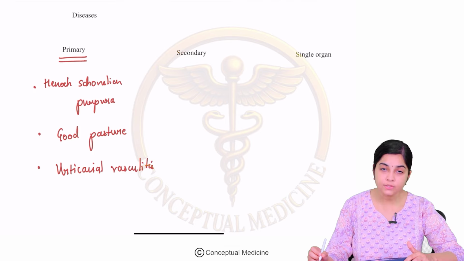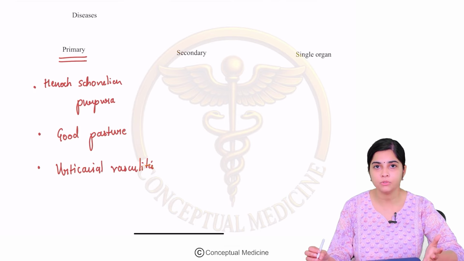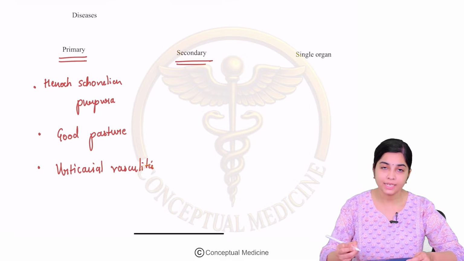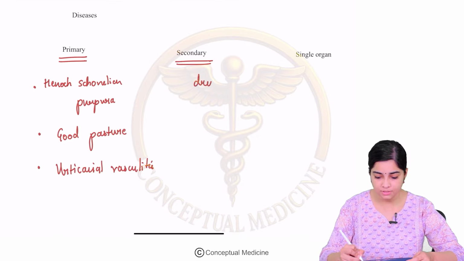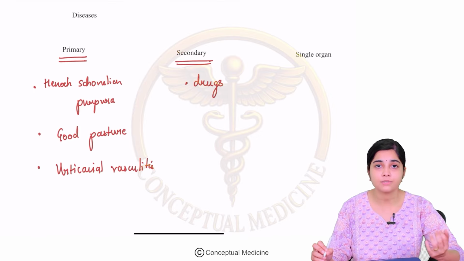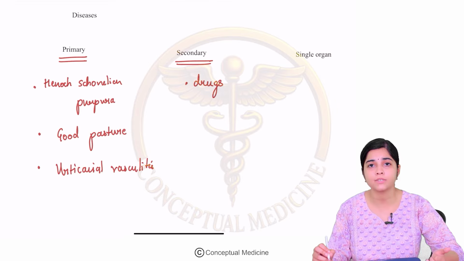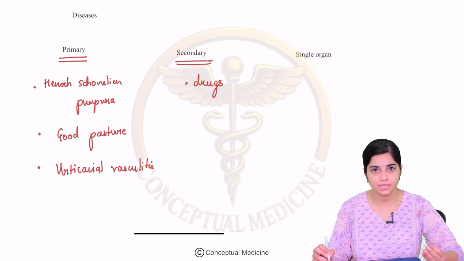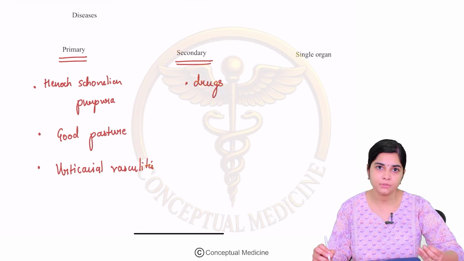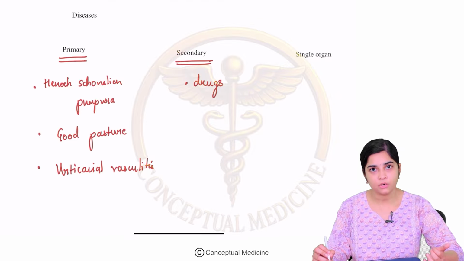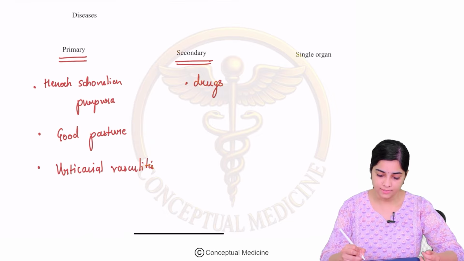These are examples of immune complex mediated small vessel vasculitis. Then secondary to what? Secondary to drugs. What are the drugs that can cause small vessel vasculitis? Drugs such as hydralazine, drugs such as propylthiouracil. All of these can cause immune complex mediated small vessel vasculitis.